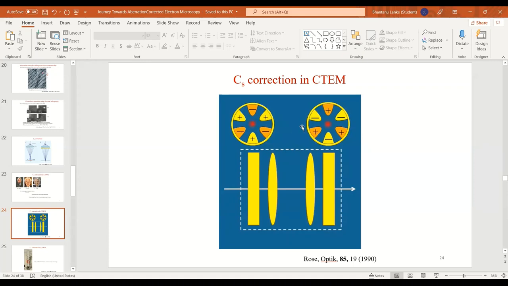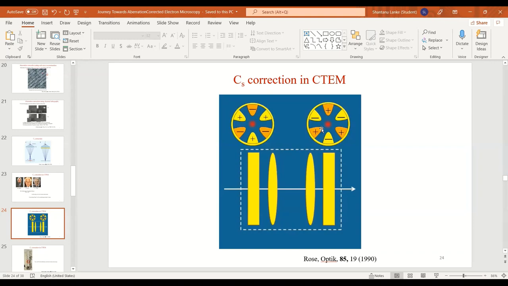Then you have another hexapole with the poles rotated by 60 degrees, or alternating poles. Here you have minus, here you have plus, here you have plus, here you have minus. That triangular beam passes through this second hexapole, and there it becomes circular again. It attains circular symmetry again, but this time you have a diverged beam, so beam divergence takes place.